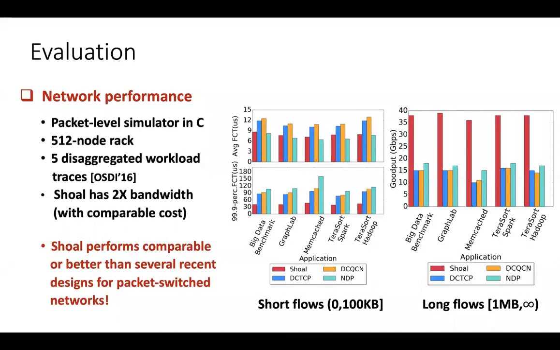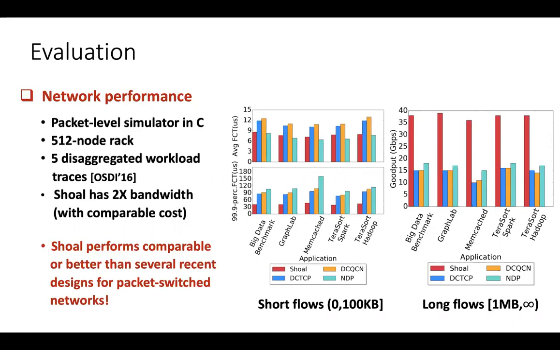There are a couple of things that I would like to point out here. In terms of the tail latency, Shoal significantly outperforms other packet switch network designs. And this is a direct consequence of Shoal's congestion control algorithm that allows for bounded queuing in the network. In terms of throughput as well, Shoal significantly outperforms packet switch networks. And this is partly because Shoal has 2x bandwidth.